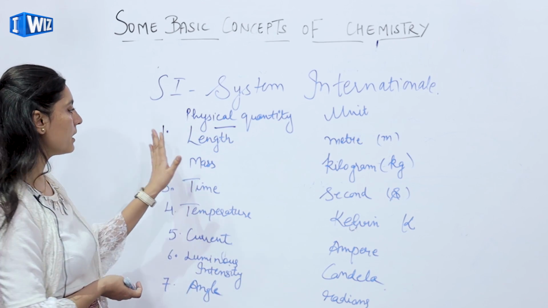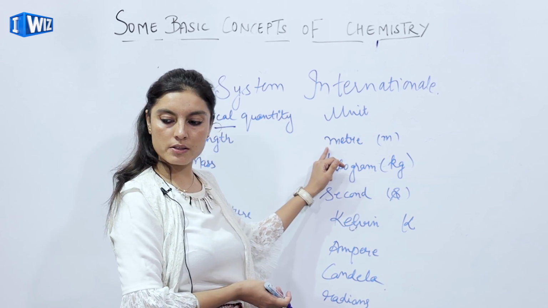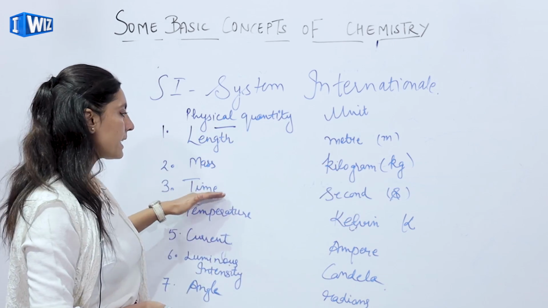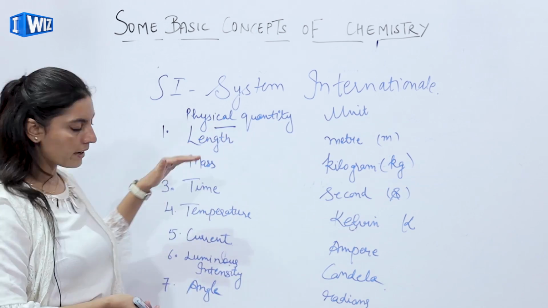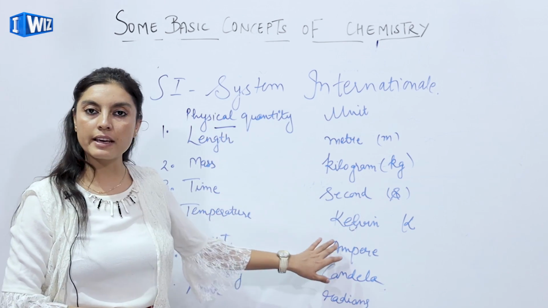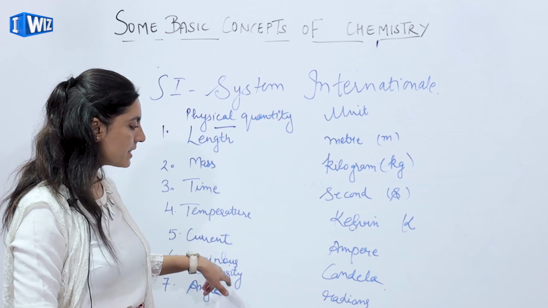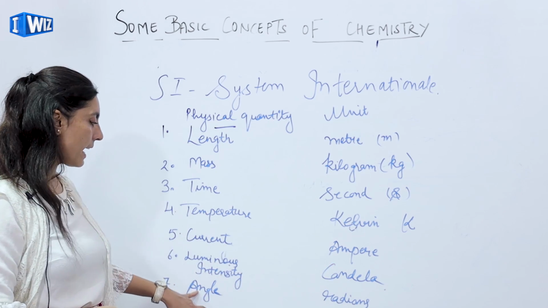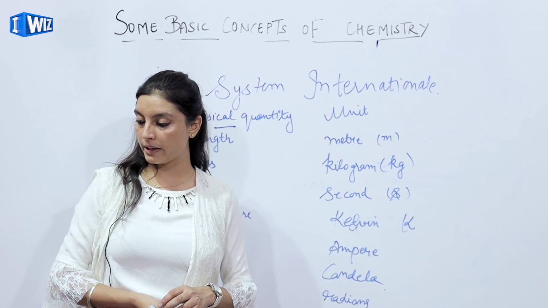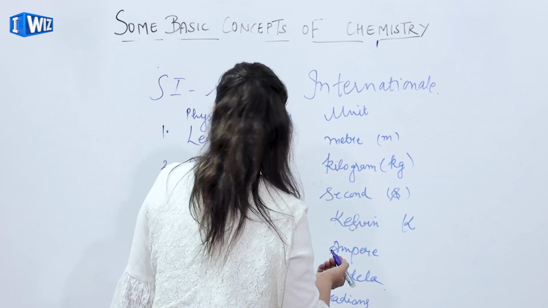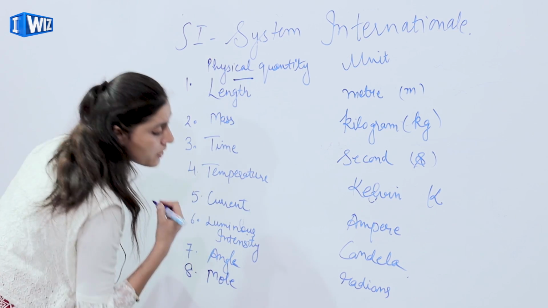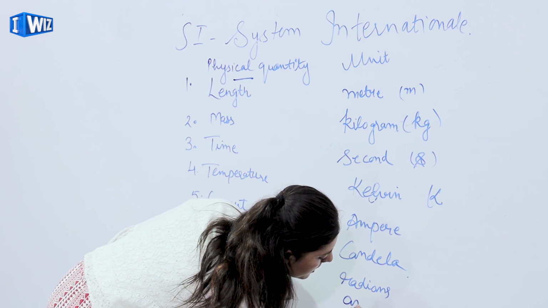I'll repeat it again. Length is measured in meters. Mass is measured in kilograms. Time, in seconds. Temperature, in Kelvin. Current, in ampere. Luminous intensity in candela, and angle in radians or steradians. It will vary accordingly. One more thing, there is one other unit, the mole, which is used to measure the amount of substance.